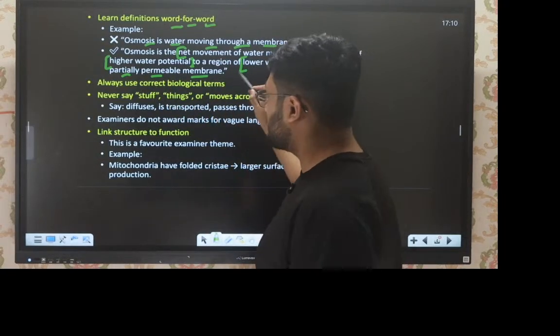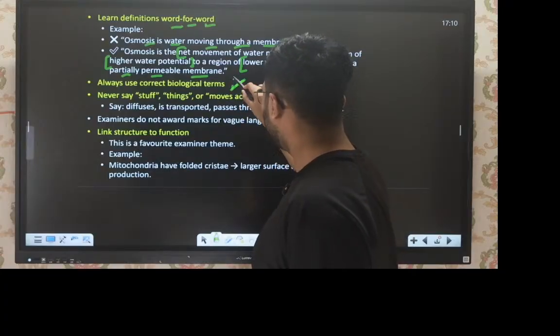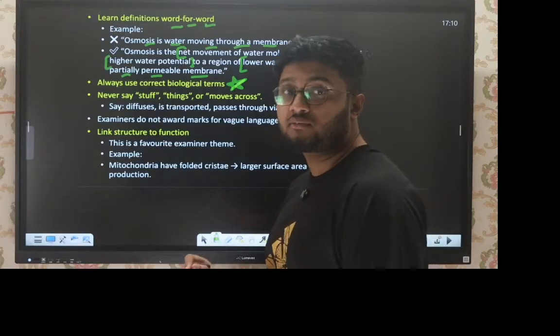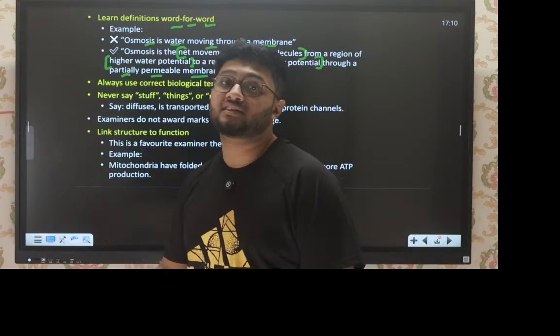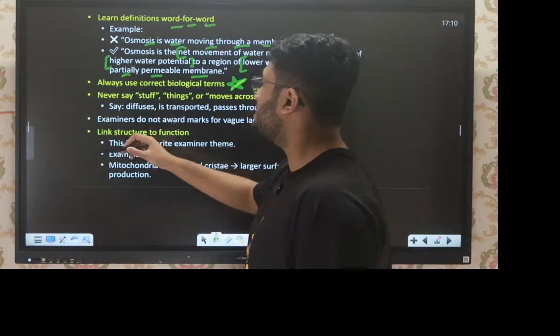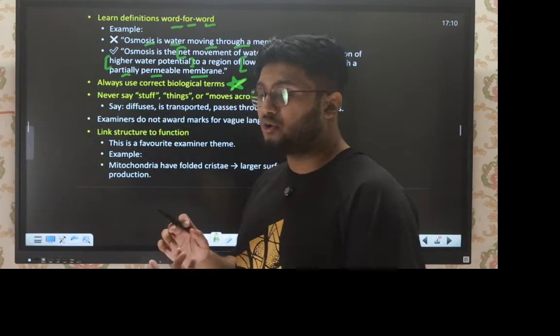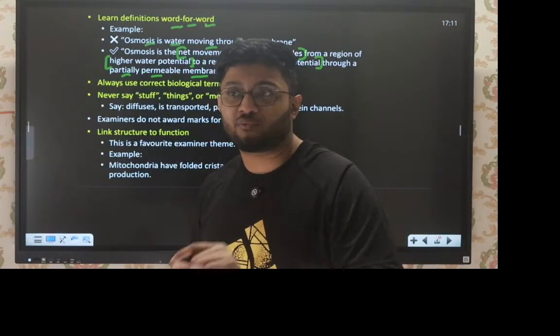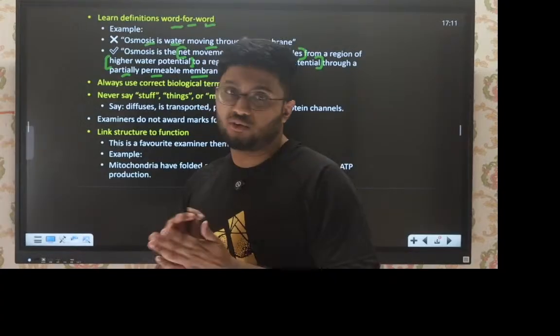Use correct biological terms. Very, very important. Understand your biological terms as well as apply them when necessary and in the correct context. Don't use slang or short forms like BCZ instead of because. Don't do that.